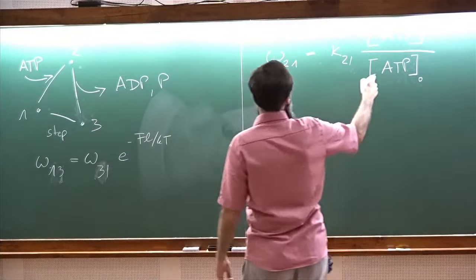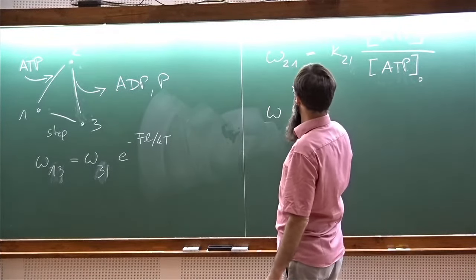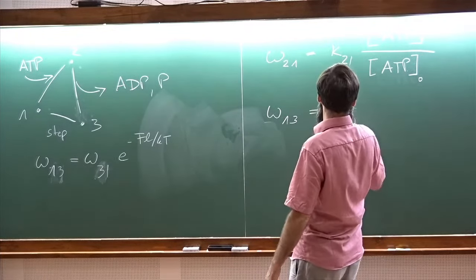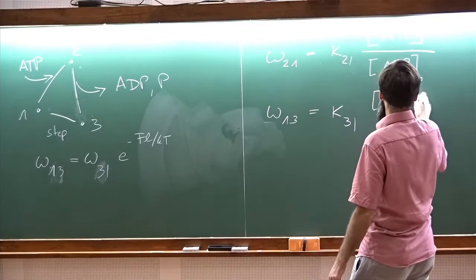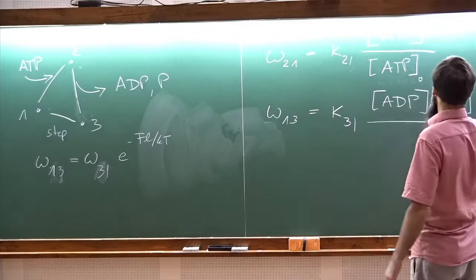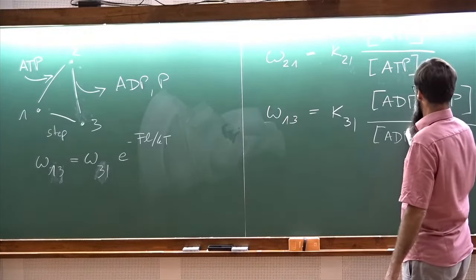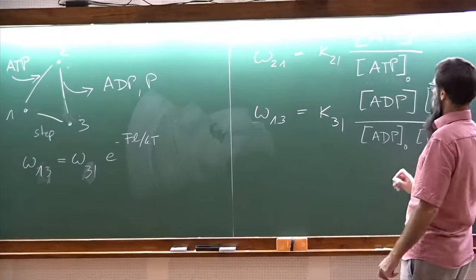And I make exactly the same assumption here. So I have an omega 3,1, which I write as a kappa 3,1 times the product concentrations, ADP and phosphate, divided by some reference concentration, ADP 0, phosphate 0.